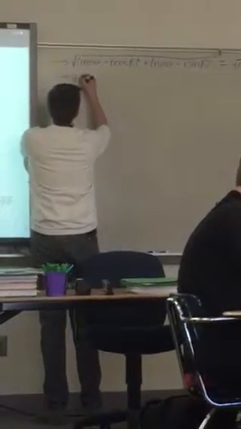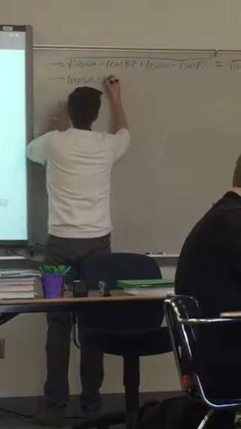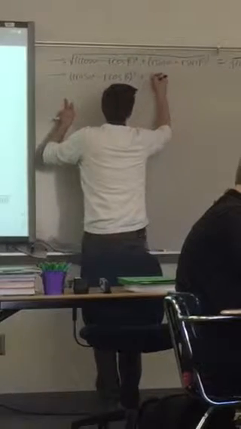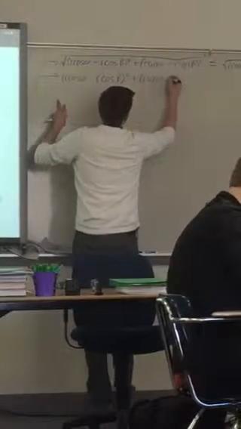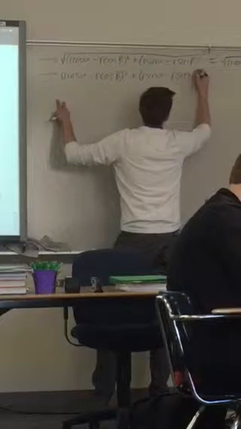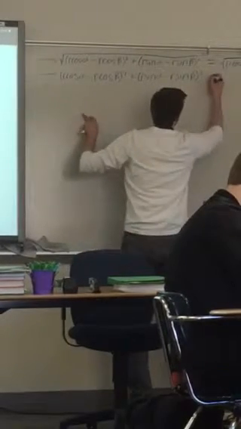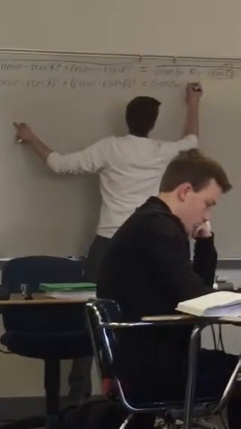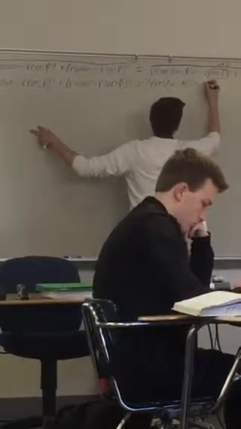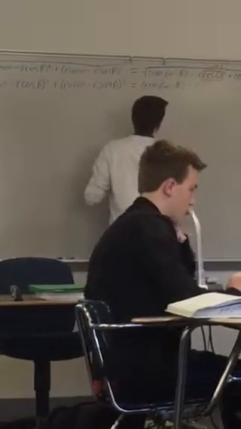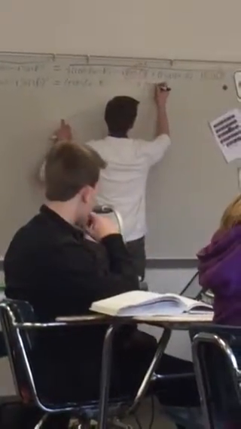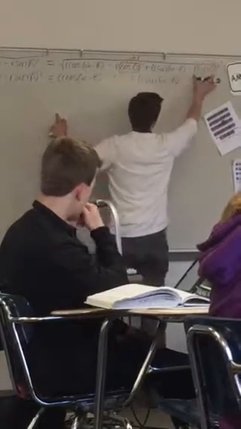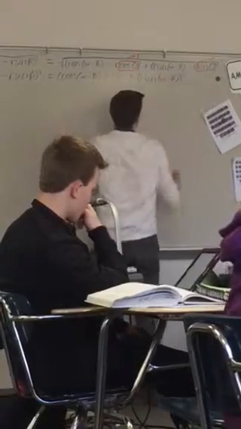So that leaves us with r cosine alpha minus r cosine beta squared plus r sine alpha minus r sine beta squared equals r cosine alpha minus beta minus r squared plus r sine alpha minus beta, this is 0, so that quantity squared.